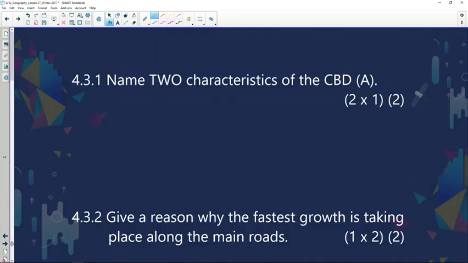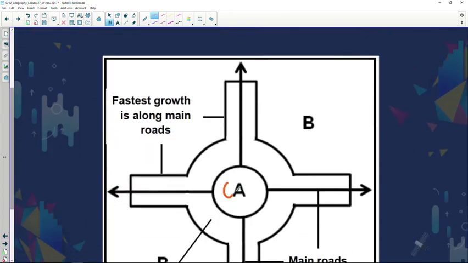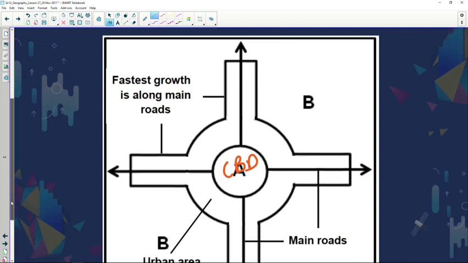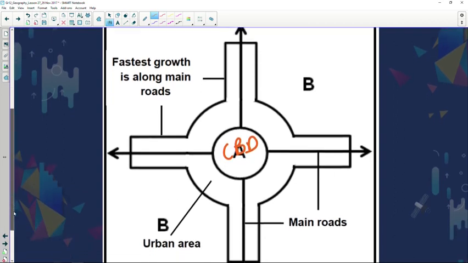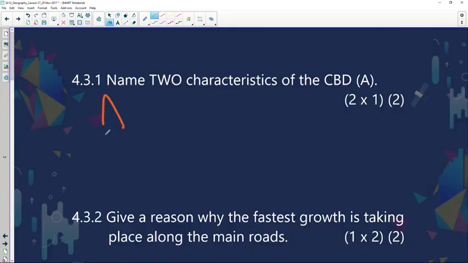Name two characteristics of the CBD A. So we identify that A is the CBD, the Central Business District. Now what are the characteristics of the CBD? Your tallest buildings, highest land values, and access to all transport networks. So what can we say? Its first characteristic, it's accessible.